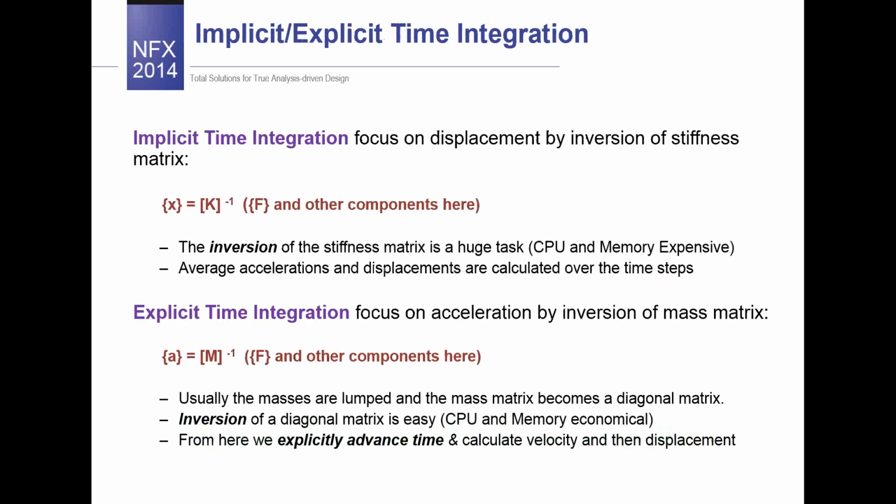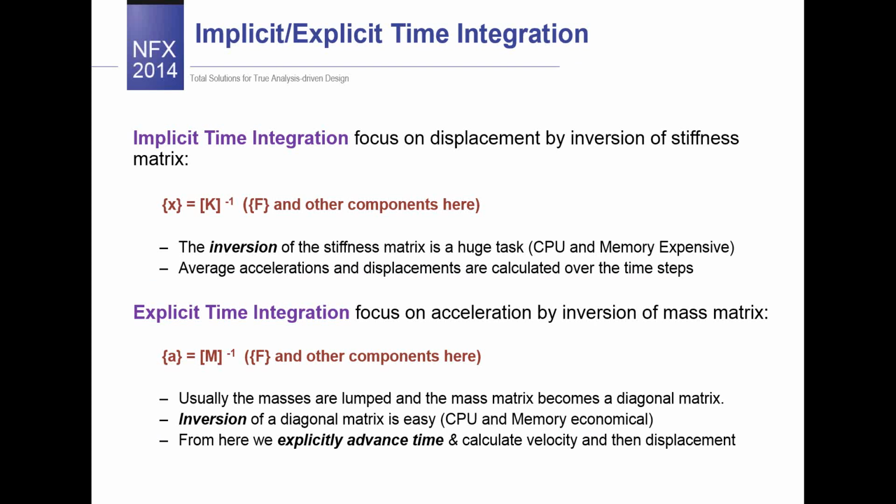So implicit and explicit are the methods, or let's say they are approaches which are used in numerical analysis for obtaining numerical solutions of time-dependent ordinary and partial differential equations, as is required in computer simulations.